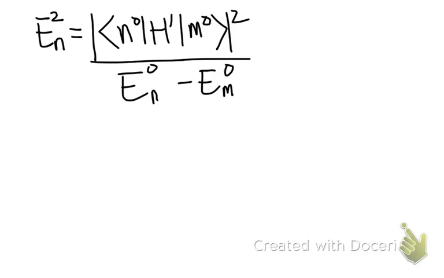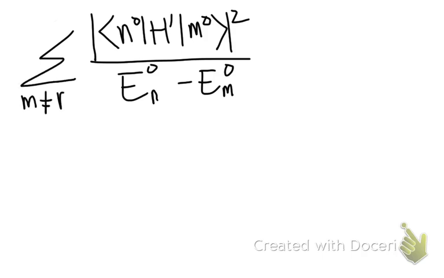I have missed out the summation sign that I must have, so let me write it down over here, because all of these states are going to be summed over. So I'm going to write the summation over M not equal to N, and what does this give me? My second order energy eigenvalue.